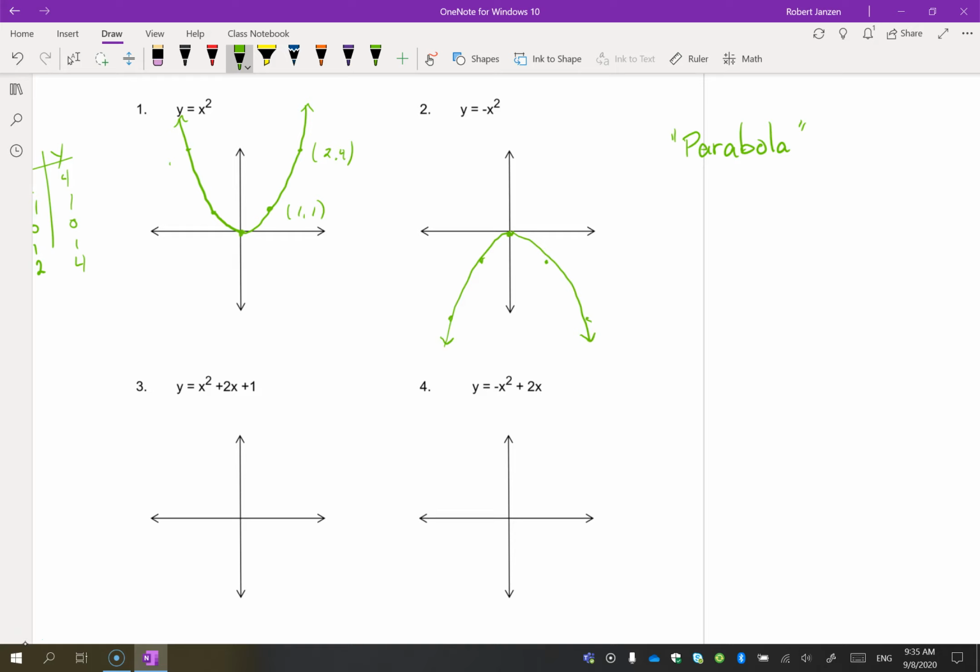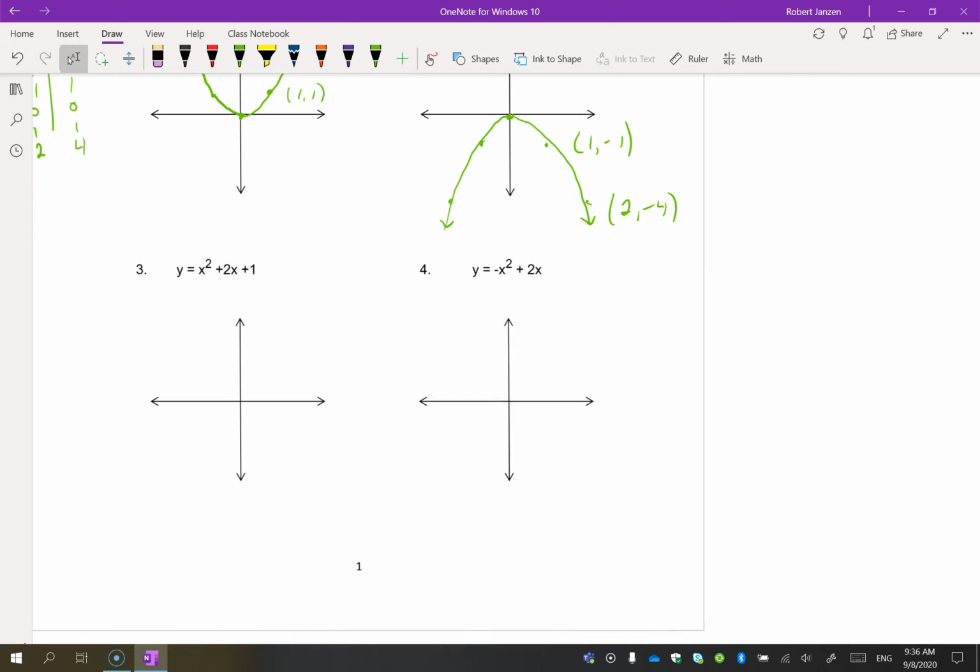Okay, and what are these points now? Well, the x is 1. The y becomes negative 1. When x was 2, the y becomes negative 4. Okay, and we could keep going here with this graph. This one is going to look something like this, I think.